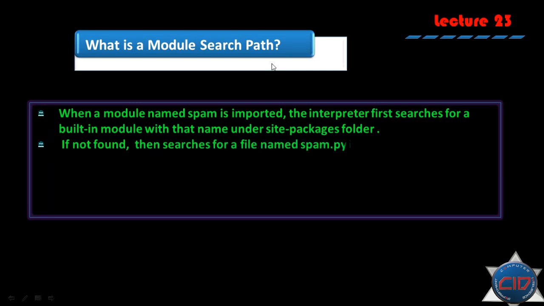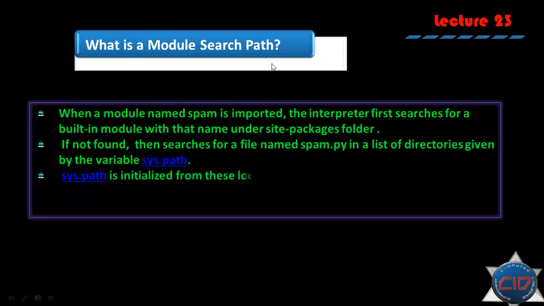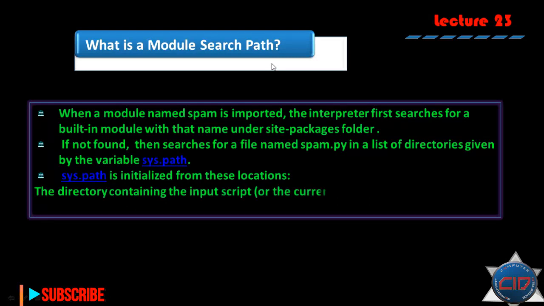If it is not found, then it will be searched as spam.py in the directories passed in sys.path. And if we have not set sys.path, then it will search the current location, and after that, when it is not found, it will show a ModuleNotFoundError. That's it.